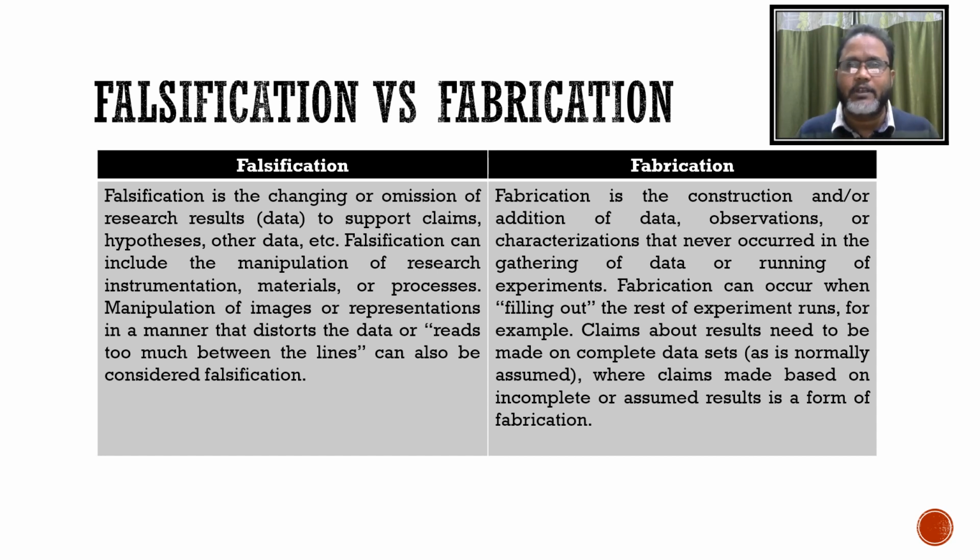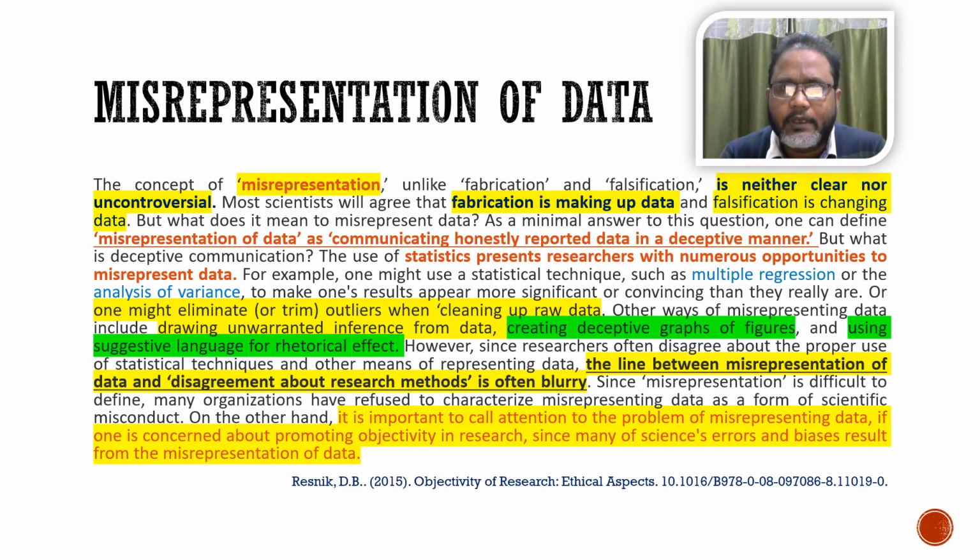So two aspects, one is falsification and another is fabrication. As I was saying, there is also the misrepresentation of data. What is that? Deceptive communication. Now see the usage of statistics. It offers numerous opportunities to misrepresent data.